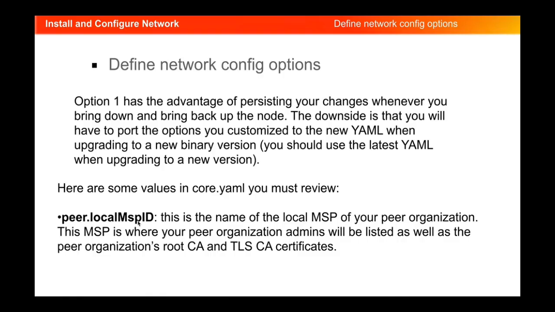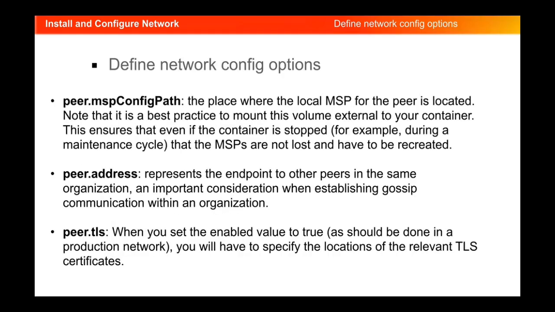So peer.localMspId. This is the name of the local MSP of your peer organization. This MSP is where your peer organization admins will be listed, as well as the peer organization's root certification authority and TLS certification authority certificates. You have peer.mspConfigPath.